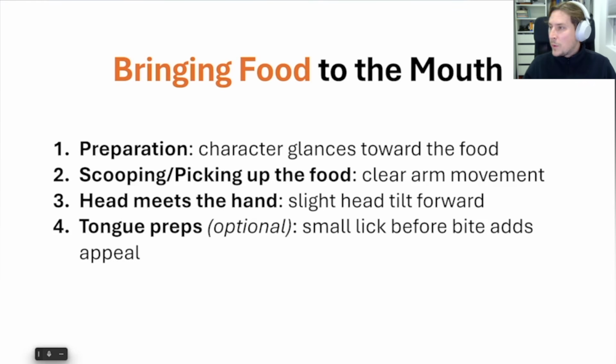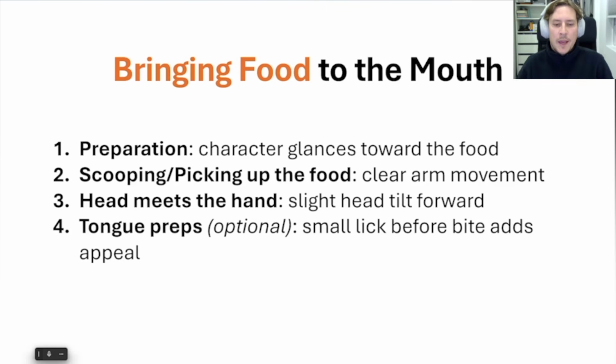Is it sweet? The reaction of a character will tell the viewer what the food in front of the character is. Then comes the actual action, like scooping and picking up the food. It can be picked up with a hand, a spoon, a fork, anything. And the next substage is the head meeting the hand. Not only does the hand go towards your mouth, or the mouth of a character, but the head also goes towards the hand that contains the food.